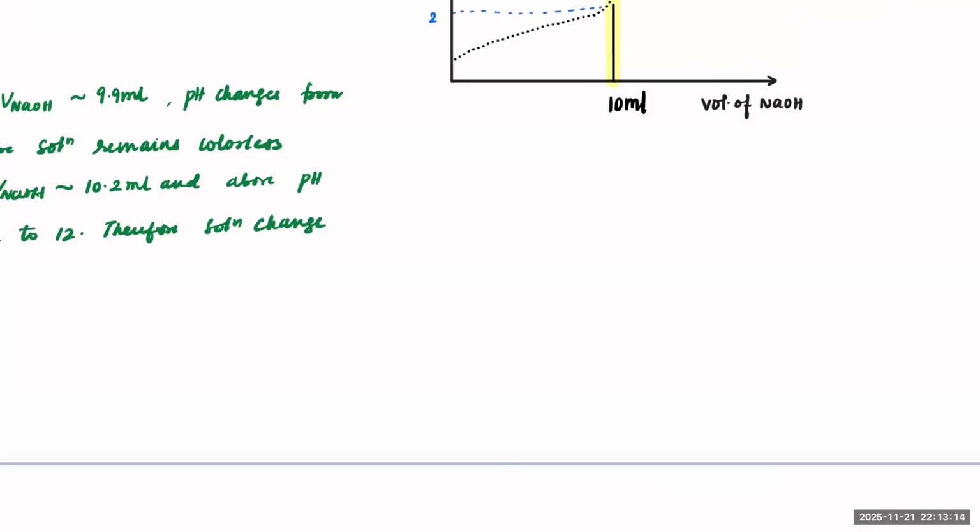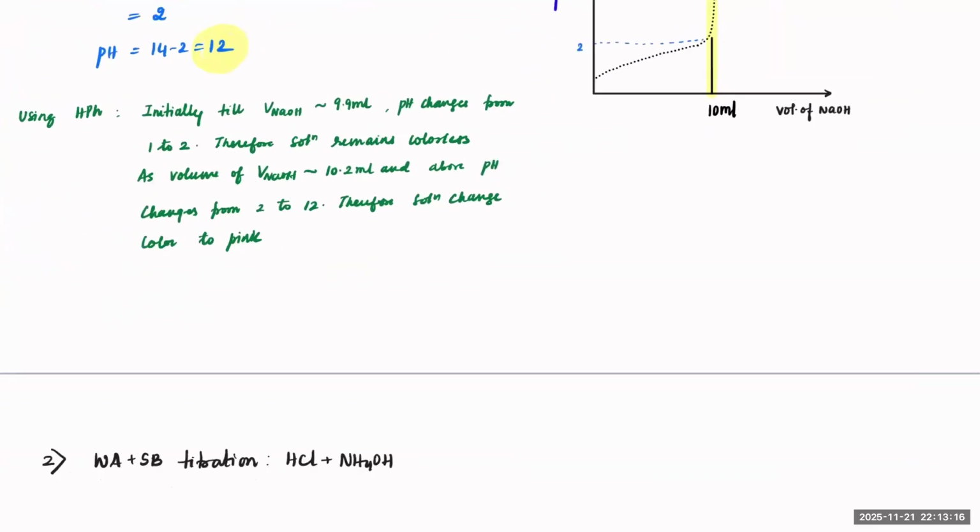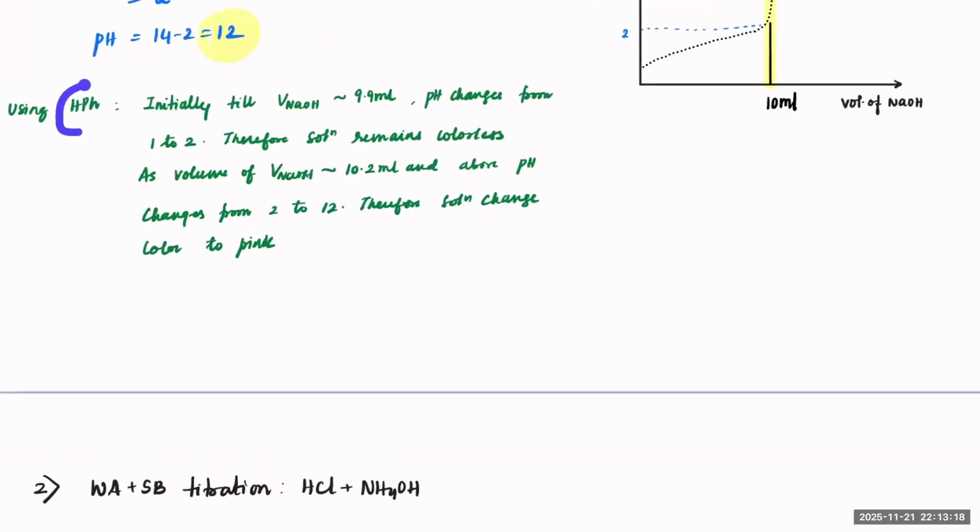So it's very easy to figure out the color change using phenolphthalein. So how do we normally do the titration? We always keep adding a small amount of NaOH and we shake the test tube and see whether there is any color change. In the case of phenolphthalein, as you are very close to the neutralization value, you will see a sudden color change.